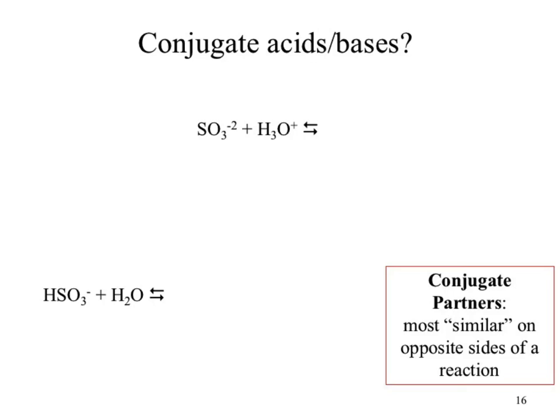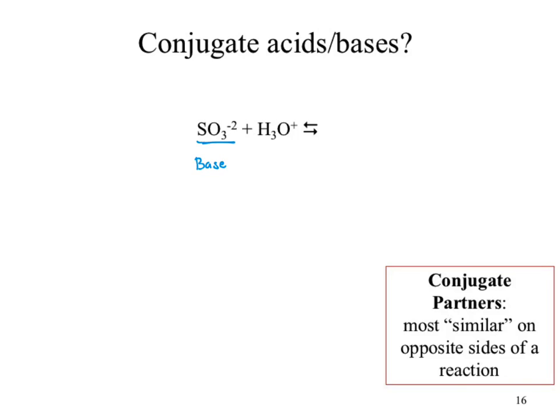Okay? So the next big thing that comes out of this is our conjugate acids and bases. So let's keep focus at the top reaction. At least top reaction first. What do you think SO3 minus 2 will act as? Acid or a base? Why do you want to say a base? Because acid accepts.